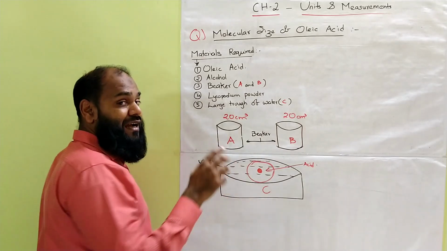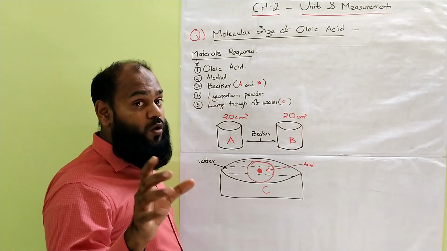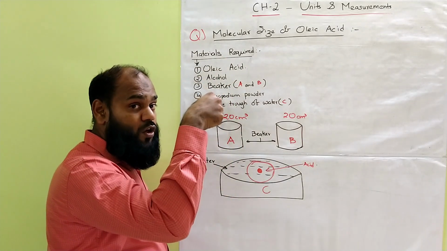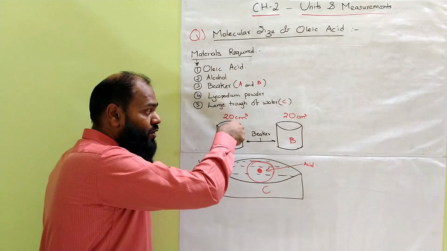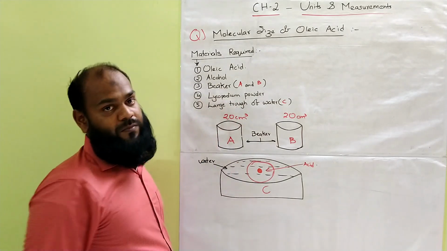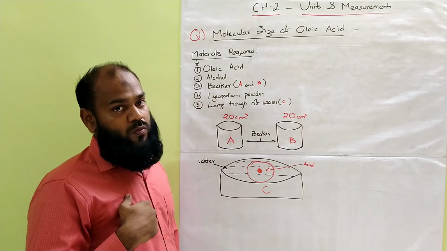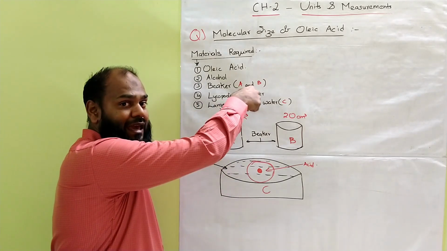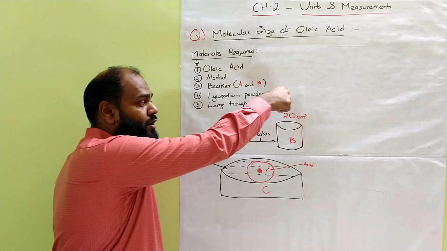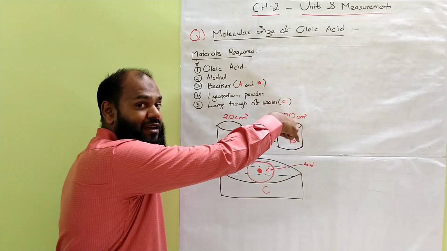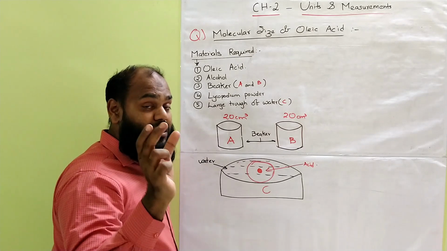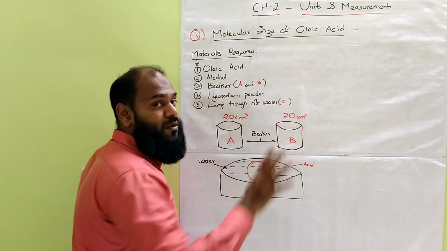That means beaker A contains 20 centimeter cube of alcohol, and I am taking one drop, that is 1 centimeter cube of oleic acid, and dropping it into beaker A. Step 2. Now I take one drop from A and drop it into beaker B, which contains alcohol, and the volume of alcohol is 20 centimeter cube.